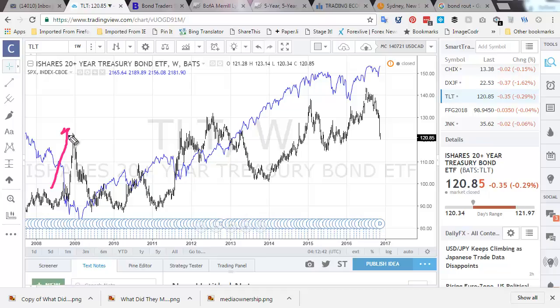Interest rates are falling here and the market is falling. So it's an inverse relationship, and then as we see the rates beginning to rise, we see the market rise. We see the rates falling, we see the markets rise. So it's an inverse relationship, and it seems to be working to a degree.